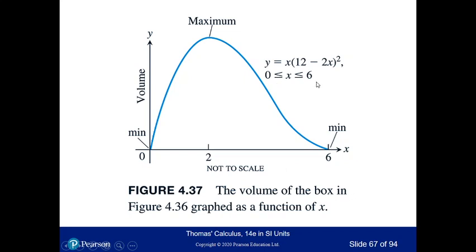Next, we are interested in this function, its maximum and minimum. Here the picture is given. Of course, you don't have the picture given. So what you could do is you can draw it by yourselves, or you can use the steps that we discussed.